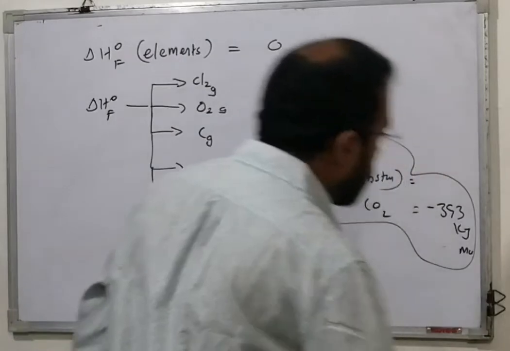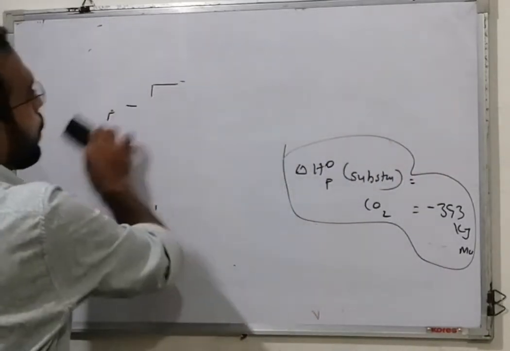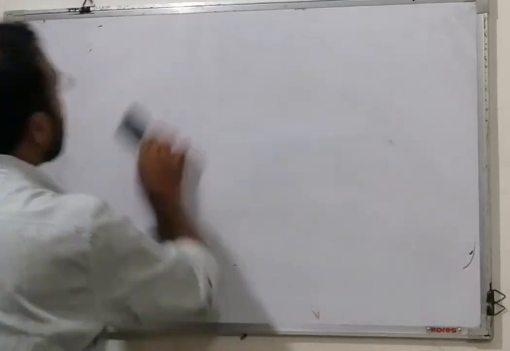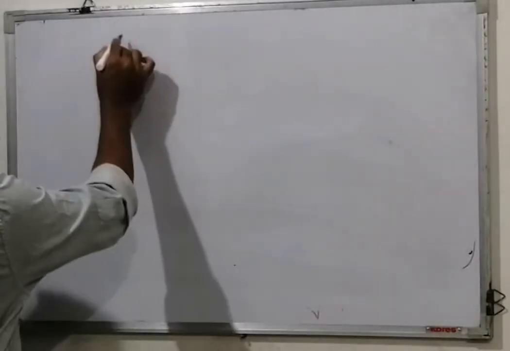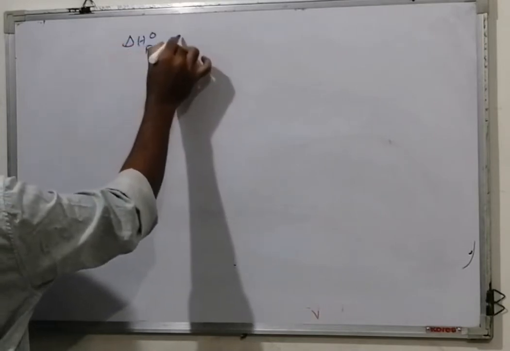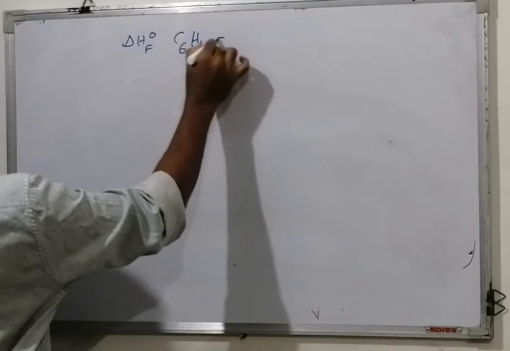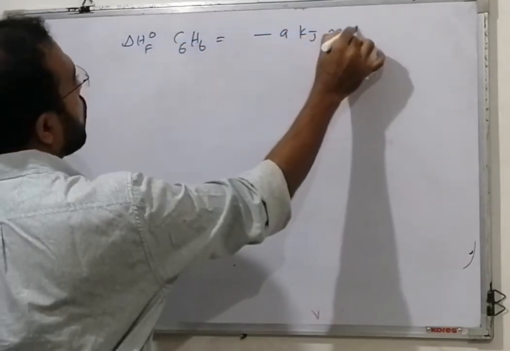Now, suppose you write delta H0 formation of C6H6 is equal to minus A kilojoule per mole.